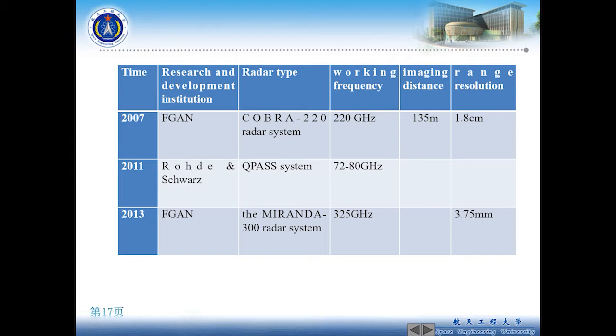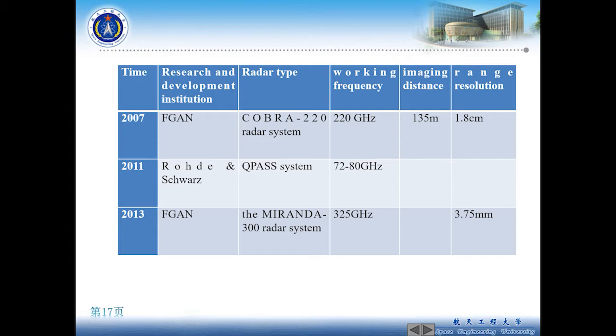In 2008, FGAN's radar type is the COBRA 220 radar system, and its working frequency is 220 GHz, and its imaging distance is 135 meters, and its range resolution is 1.8 cm.